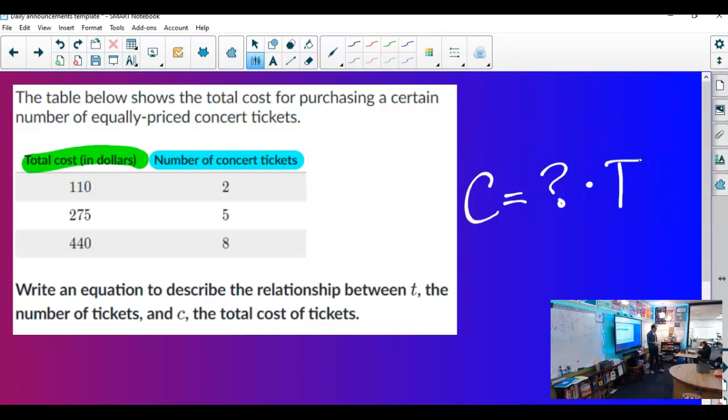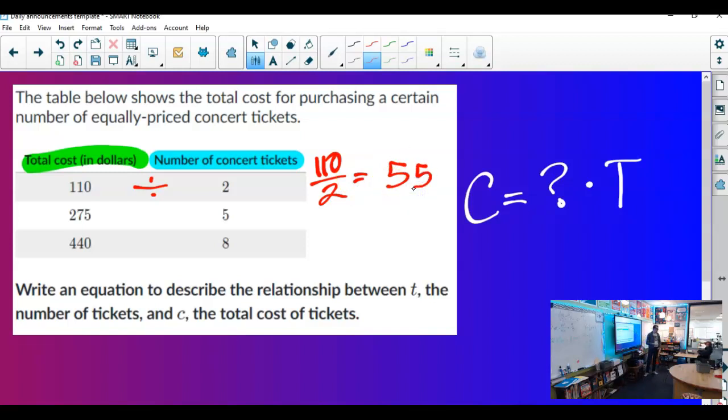I'm going to do capital T just because I don't like my lowercase t's. They look like plus signs. How can I relate the cost to the tickets? Again, divide. So if I do this division, what's 110 divided by 2? Essentially, what does each ticket cost?